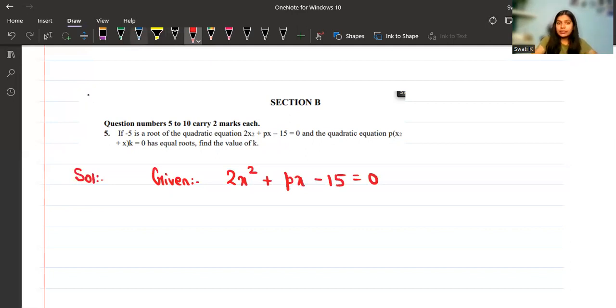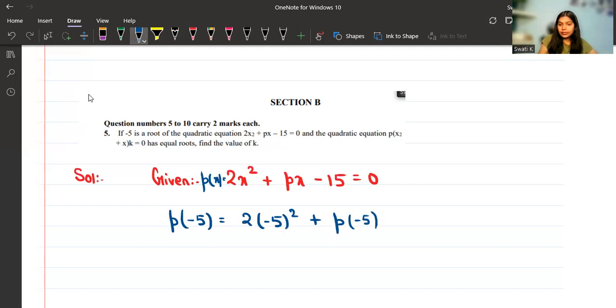That means -5 will satisfy this equation, right? What is -5? X is -5. So because -5 is the root, x is nothing but -5. Let's find out. This will become 2 into (-5) whole square plus p into -5 minus 15, and that equals 0.